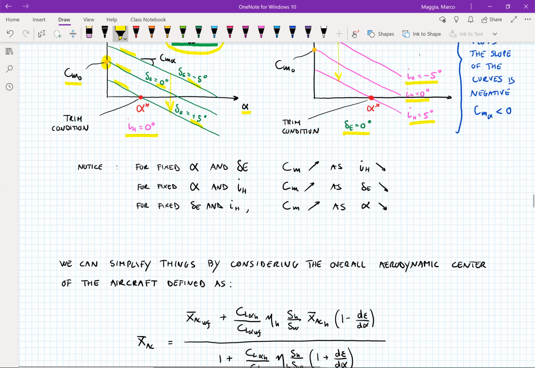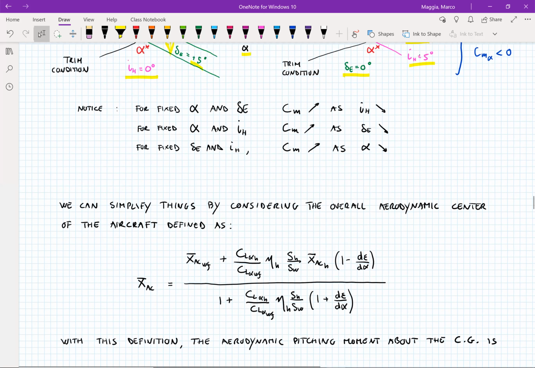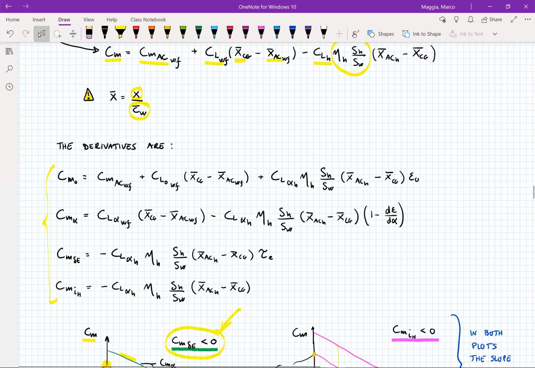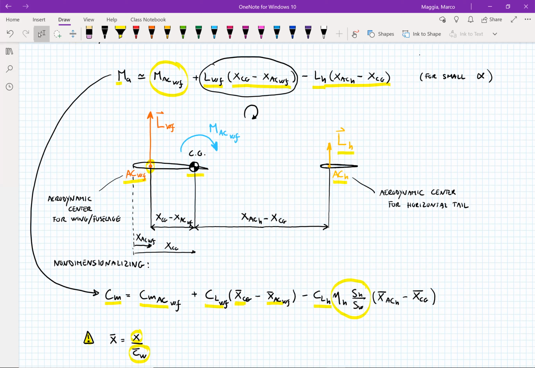All right, so now we're going to do something that might look a little bit complicated, but it's going to actually simplify some things, because we want to find a condition in terms of geometry to understand whether the airplane is going to be statically stable or not in the longitudinal sense.